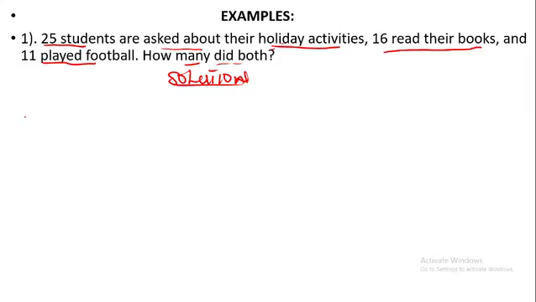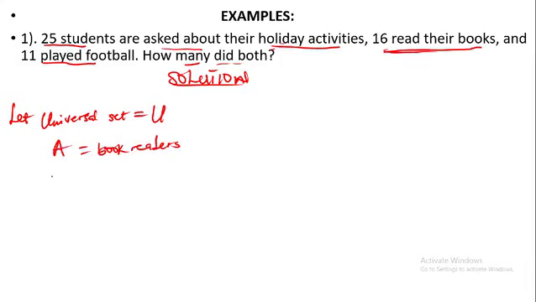Okay, let us start. Let the universal set be U, and let those who read their books, book readers, be A. So A is equal to book readers. And then football players, let's take them to be B, football players.